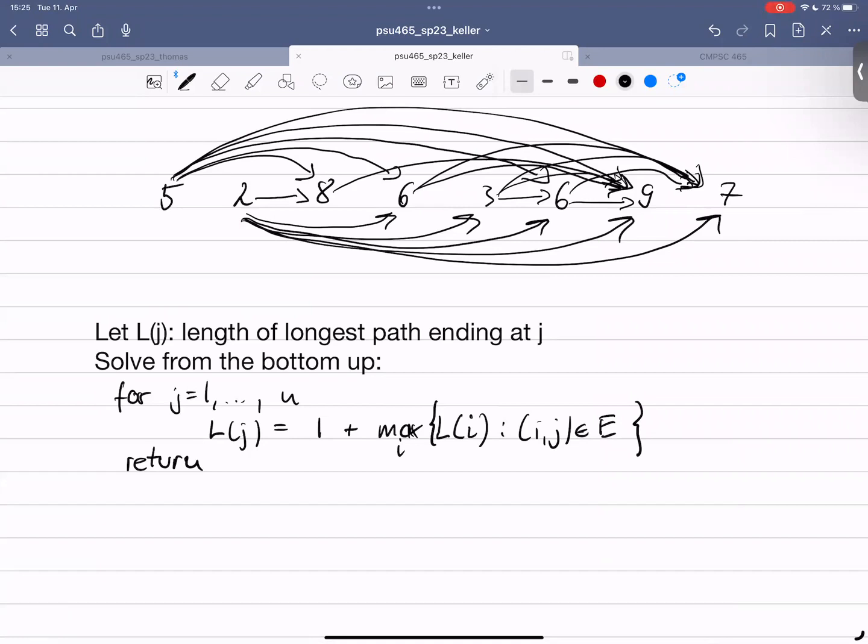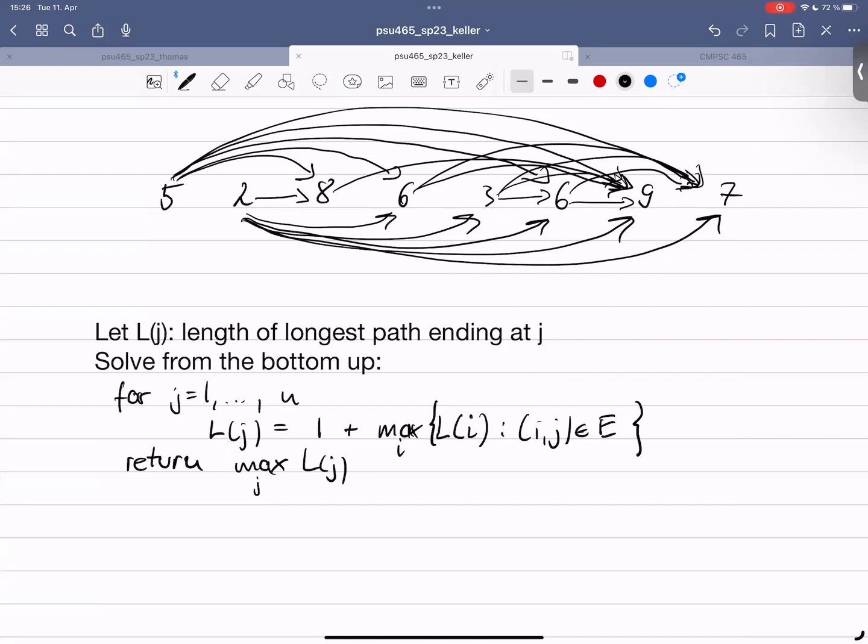The max over all the j's, really, right? So again, you take the maximum Lj over all j's. Yeah, so this is how we compute the longest increasing subsequence using dynamic programming.